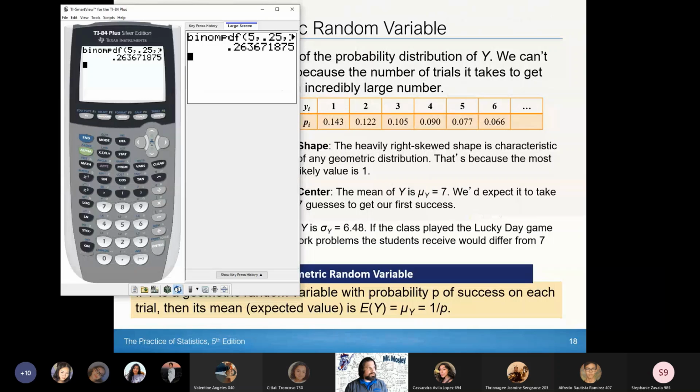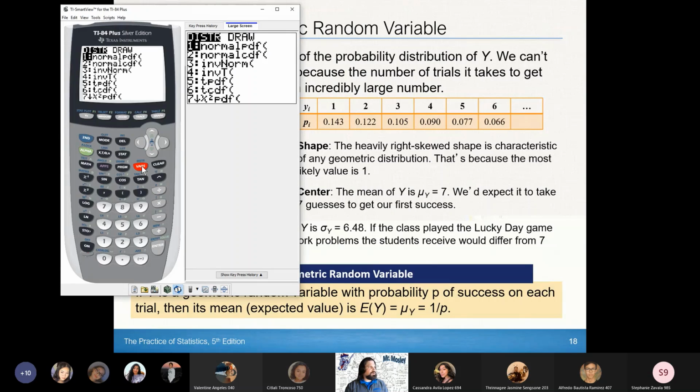And lastly, just like the binomial probabilities can be calculated on your calculator, we can follow the same steps to find our geometric PDF and geometric CDF. They follow the same rules. Geometric PDF is the probability of X equaling a certain number of trials before the first success.